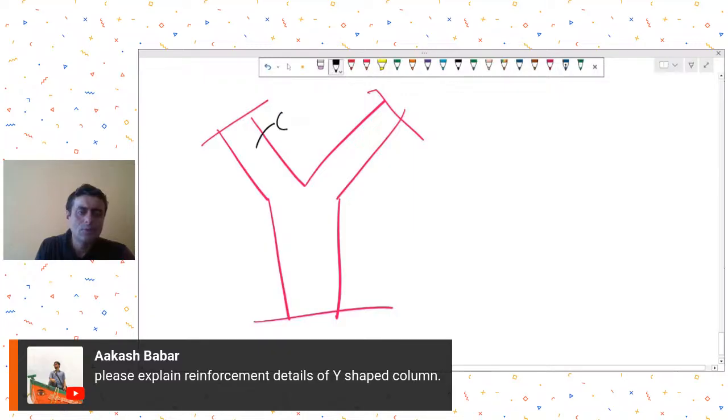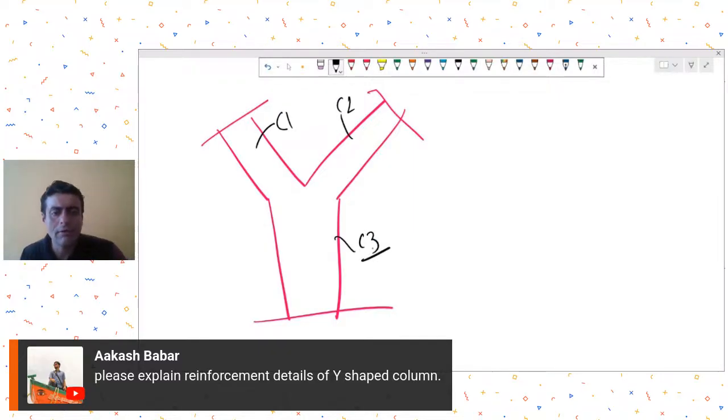So this is one column, this is another column, and at the down level, this is what you have. Is this the Y-shaped column you are saying, or do you have a Y shape in plan? Maybe you could provide some sketch for better clarity.